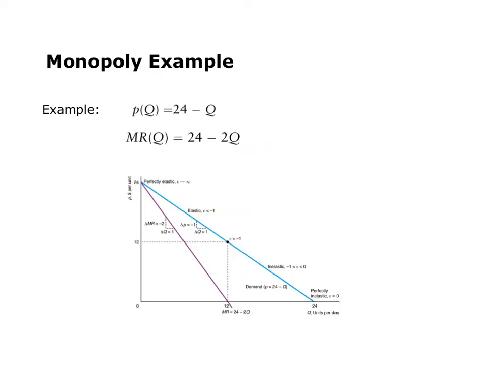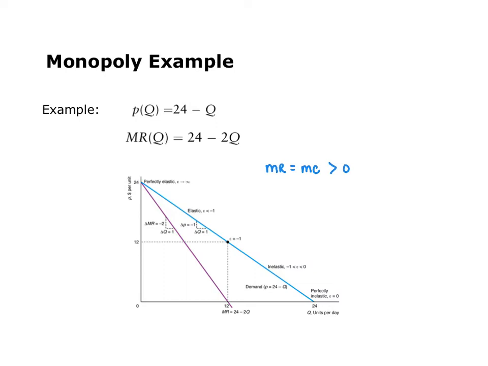Why is this relationship important? Remember that a monopolist chooses to produce the quantity at which marginal revenue equals marginal cost. We usually think of marginal cost as positive. It certainly can't be negative. It can't cost less in total to produce a higher quantity. I like to think of that as the expression, you can't get something from nothing.